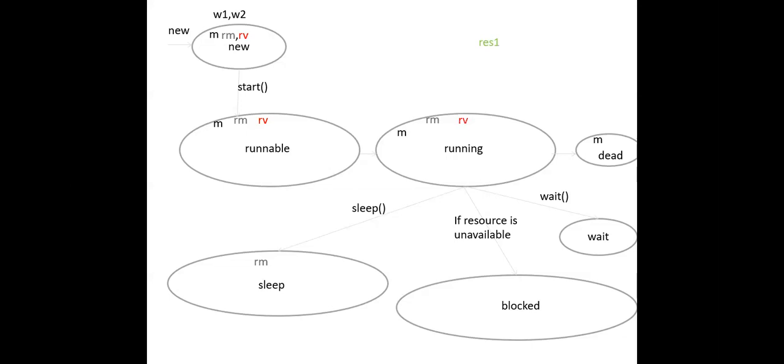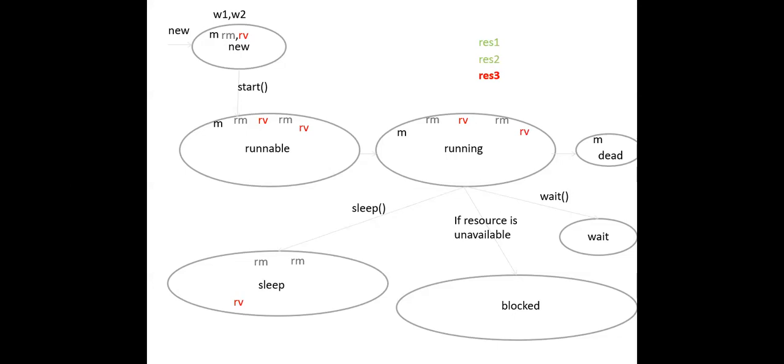Once it comes to running state, next what? He will acquire resource 3 and he will also go to sleep. Next, the Ravana thread will come out of sleep state by that time and it will come to runnable, from runnable to running.